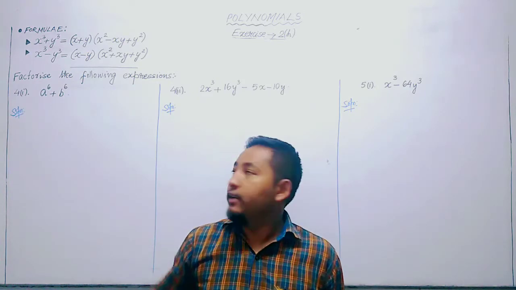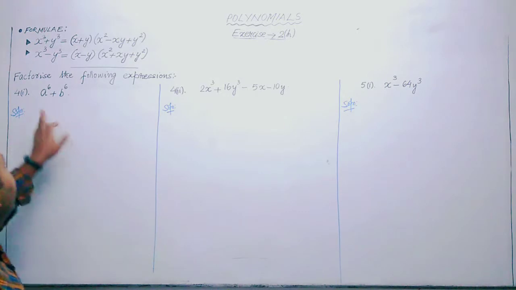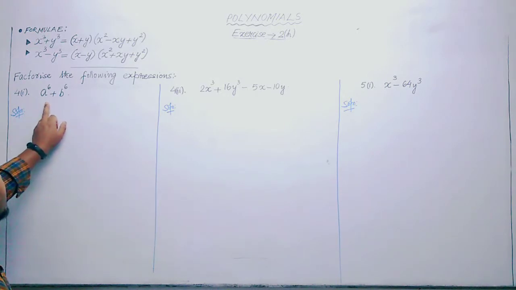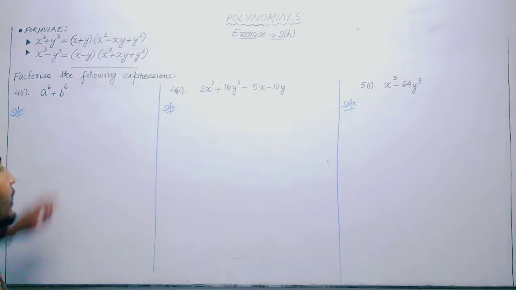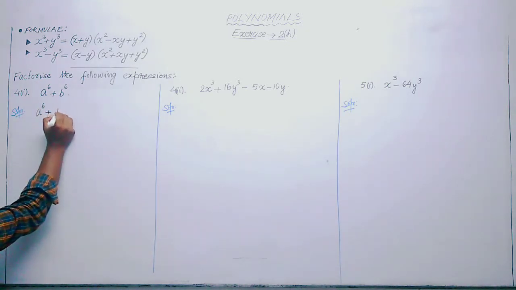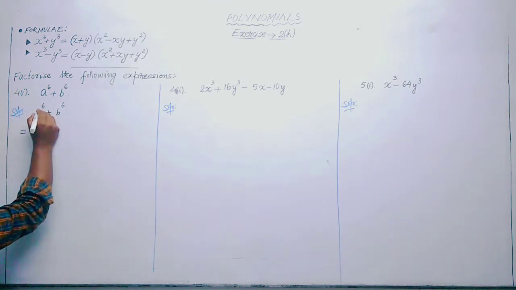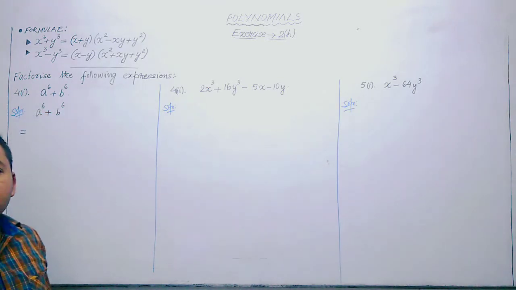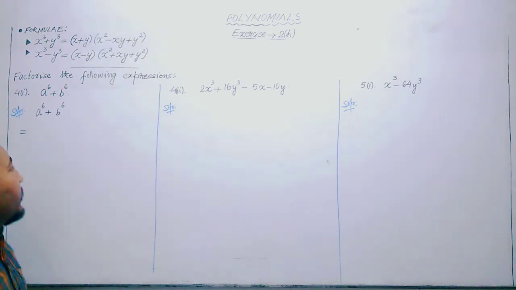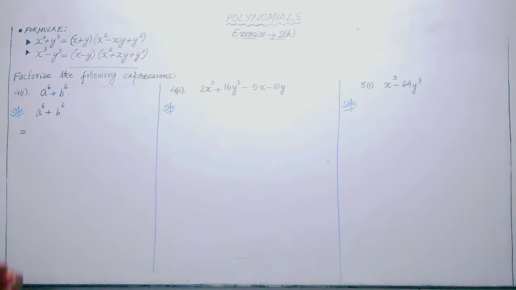Let us try this question number 4, sub number 1, which says a to the power 6 plus b to the power 6. Now, I have to convert this expression where each term is represented as a cube. Now, how can I write a to the power 6 as a to the power cube?